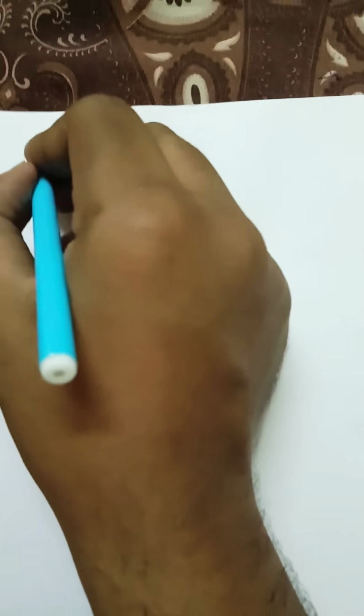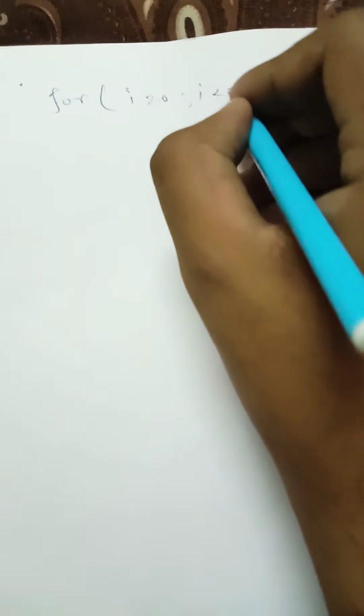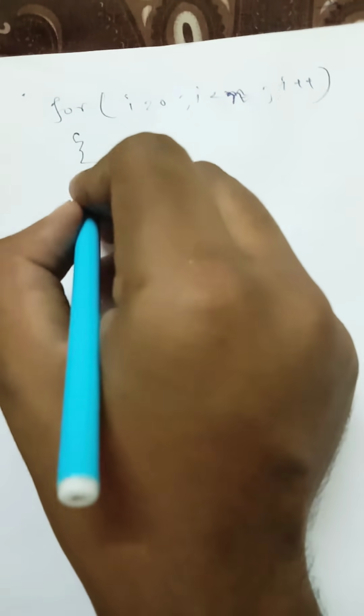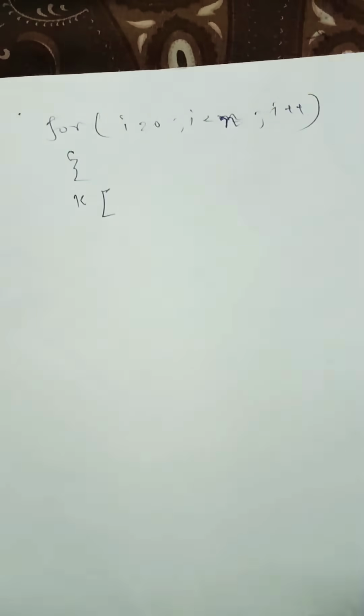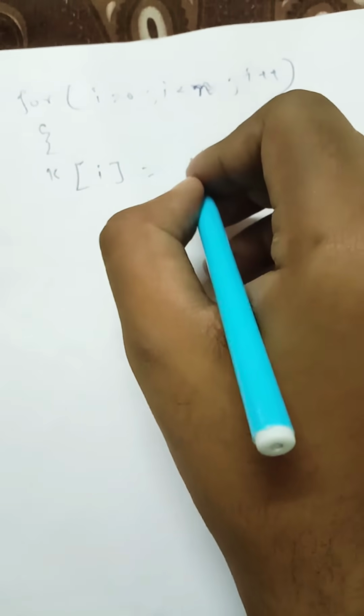Now we are going to traverse the values. Suppose for i from 0 to m, or suppose n, k will have all the values from 0 to n from a.